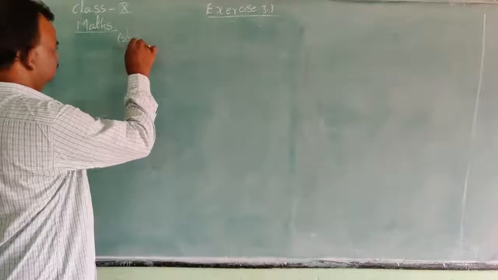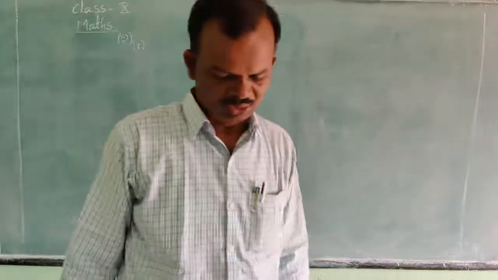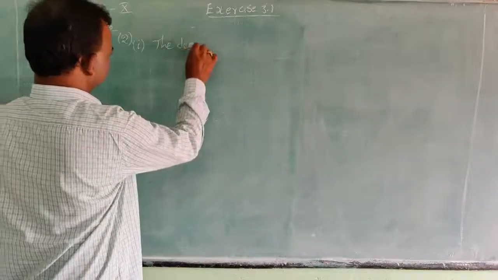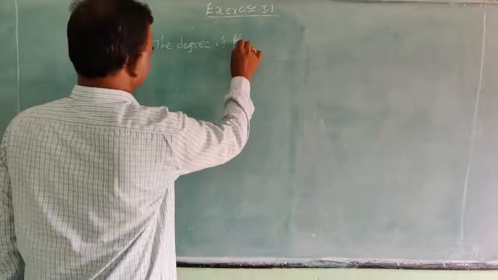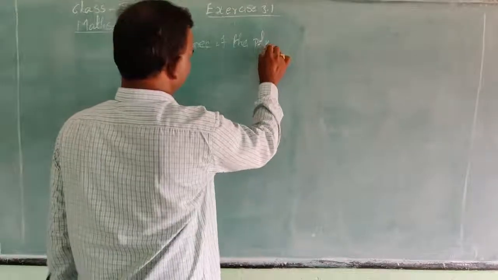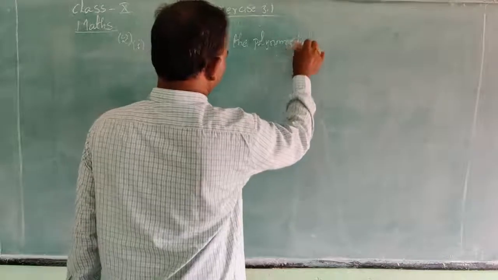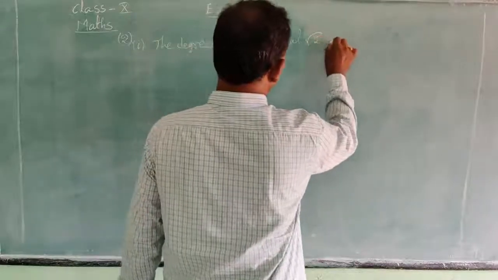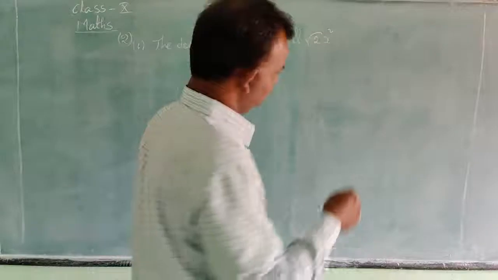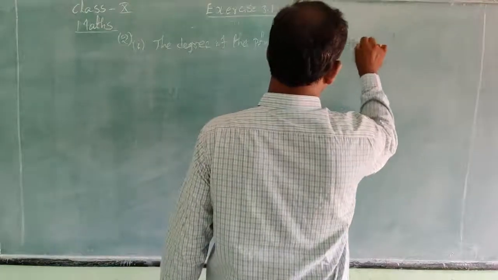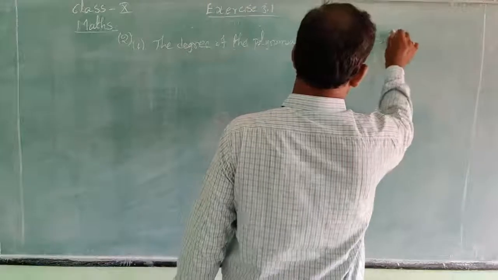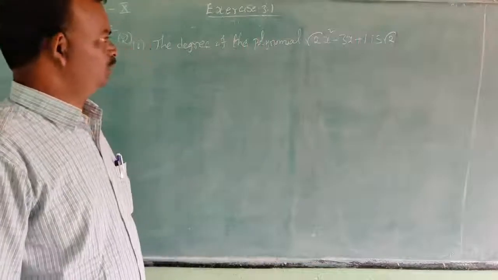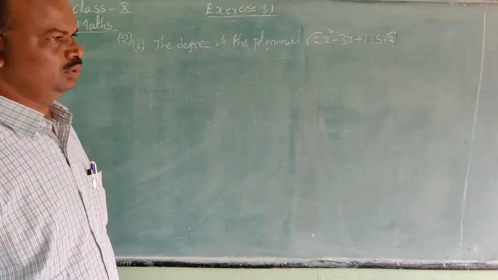First one is: the degree of the polynomial root 2x square minus 3x plus 1 is root 2.